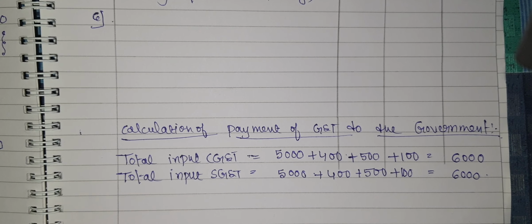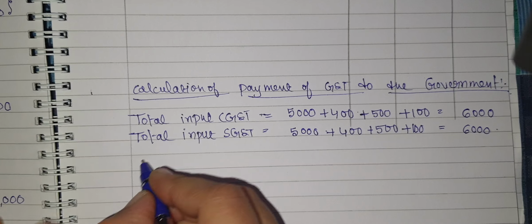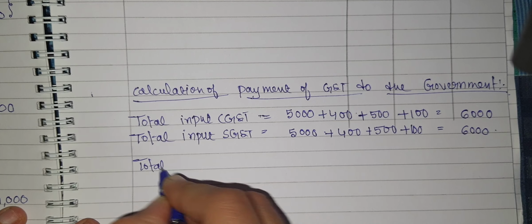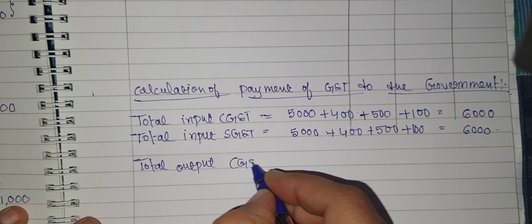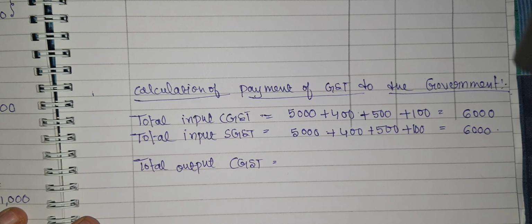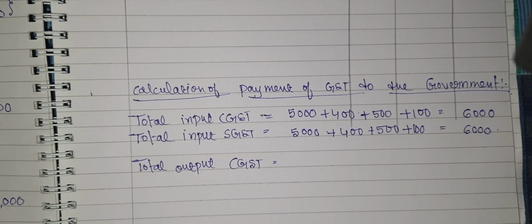Now we have to calculate the total output CGST. Total output CGST means the GST collected on sales by the business.